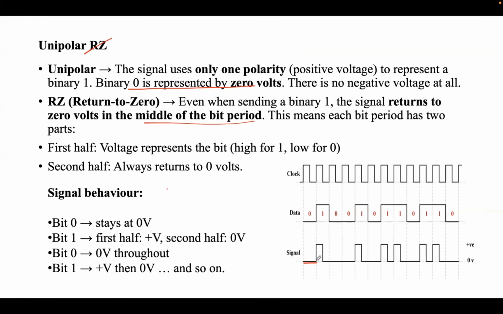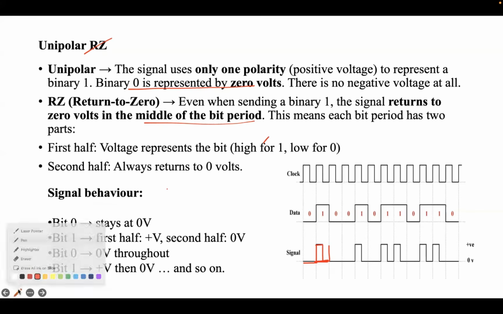As I said before, this is a complete bit frame allocated for this value 1. This is the first half and this is the second half. In the first half there is a rise in the voltage, so it stays positive, whereas it will return to 0 in the middle.